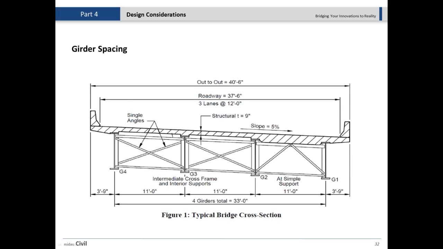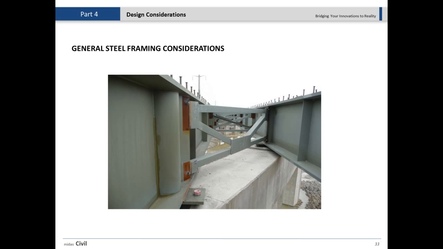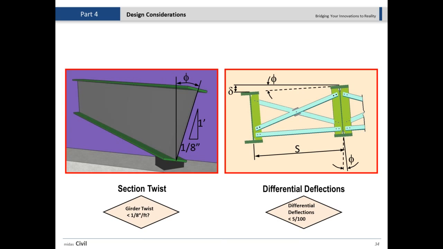Also the same thing for the girder spacing. Girder spacing is pretty important as well. And then the detailing of those framings and how to connect these girders, and some other considerations like the maximum section twist, for which some codes give the values you are seeing here.